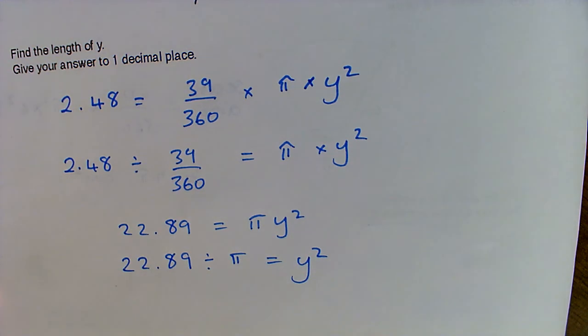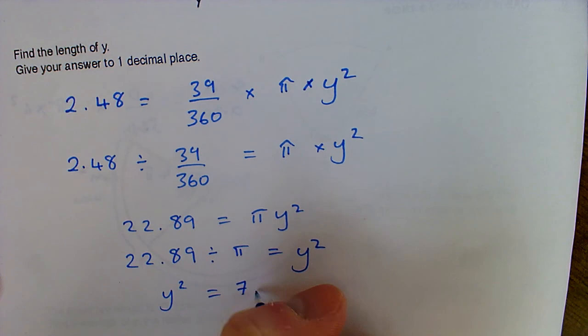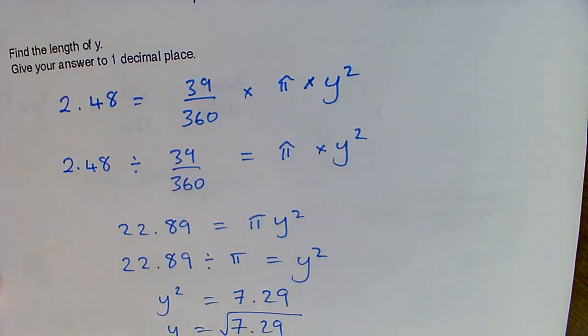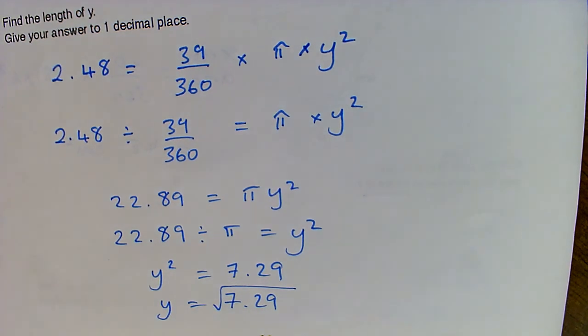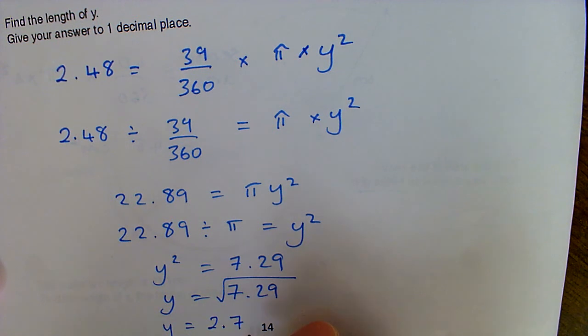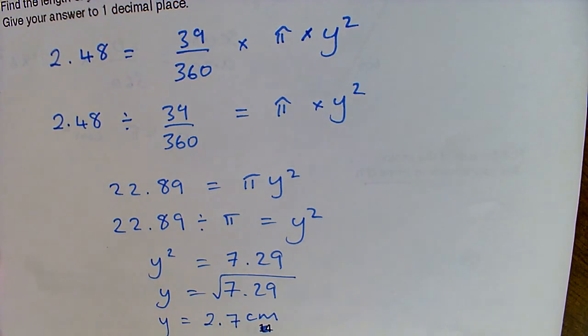So on our calculator, we divide by pi, and we get 7.29. So our y squared is 7.29. And then to get y, we get the square root of that, which is 2.7 to 1 decimal place. Our area was in centimetres squared, so our length then is going to be in centimetres.